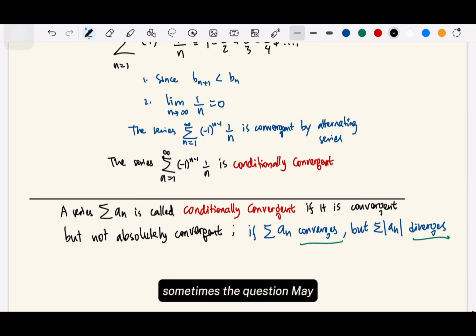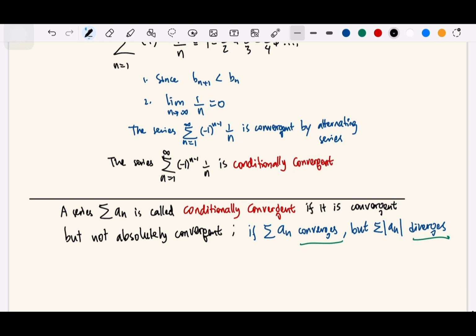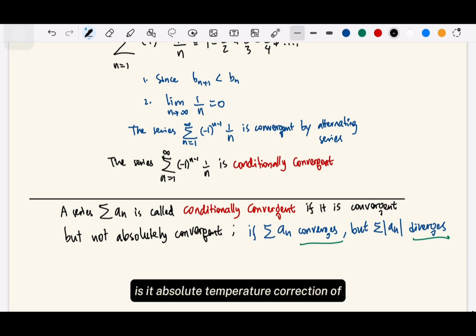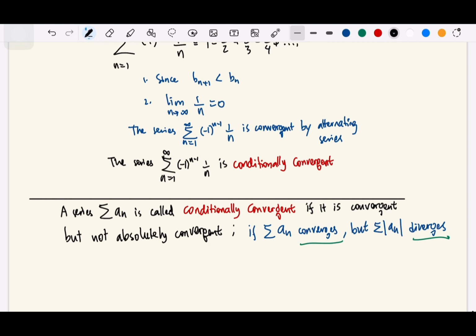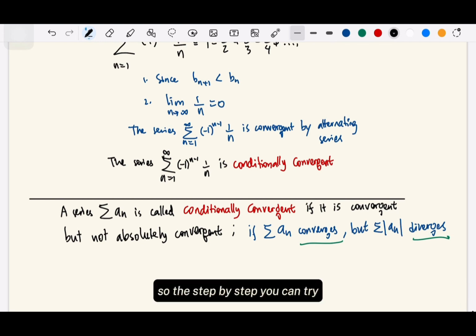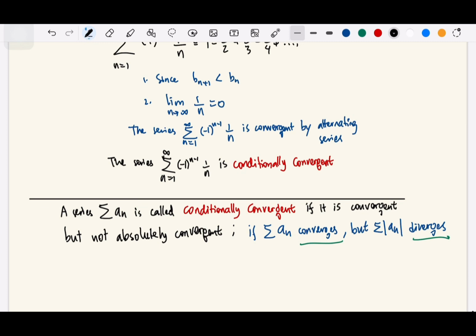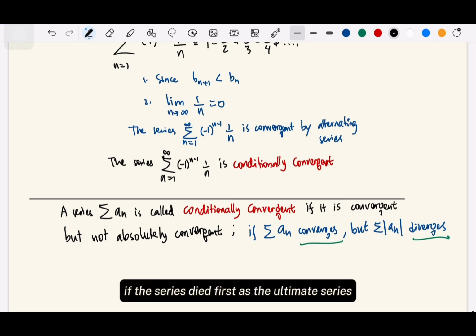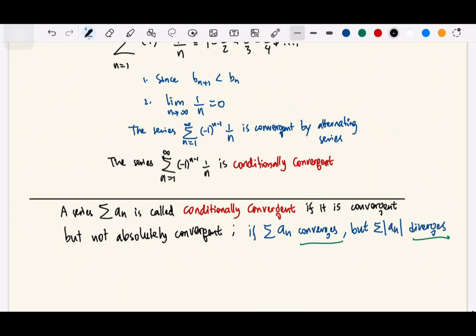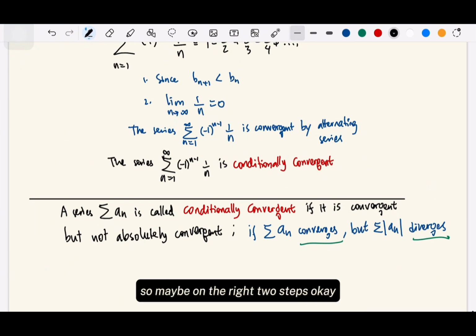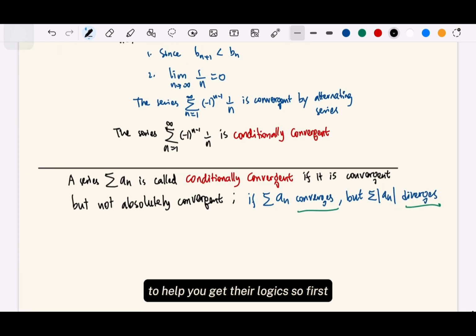Sometimes the question might ask: is it absolutely convergent, conditionally convergent, or divergent? So step by step you can try. First, take the absolute value and test the series. If the series diverges, test the alternating series. If it converges, then it's conditionally convergent. So let me write the steps to help you get the logic.